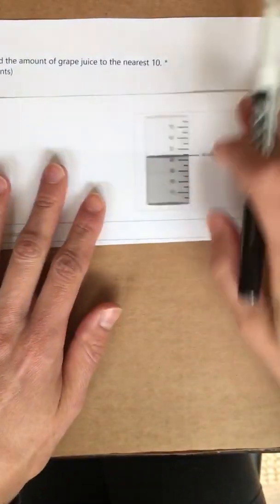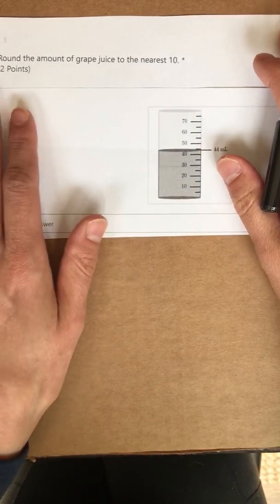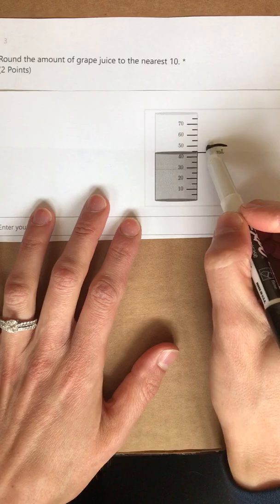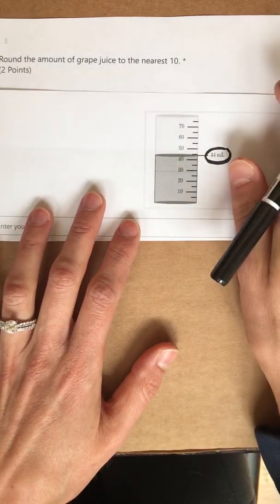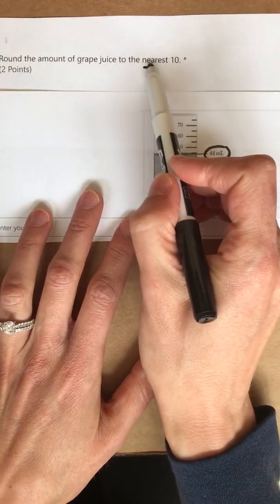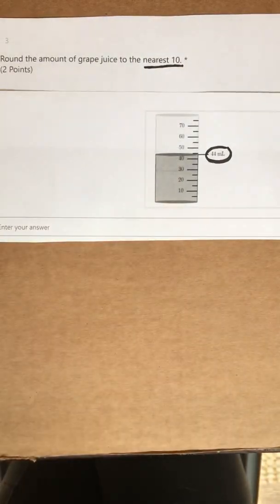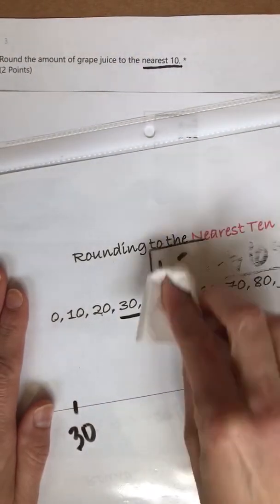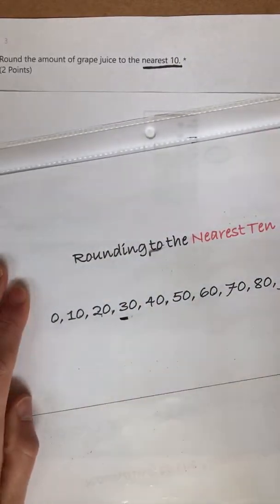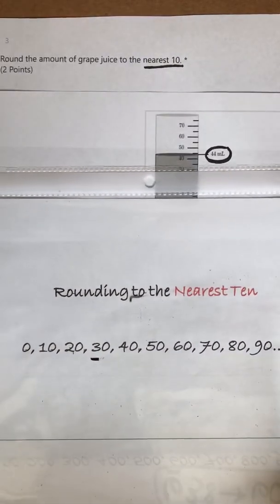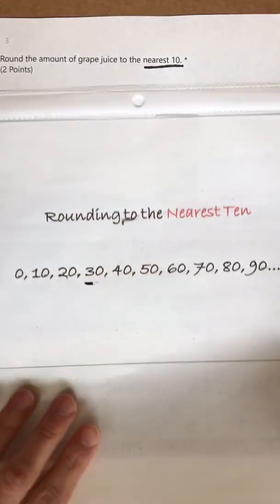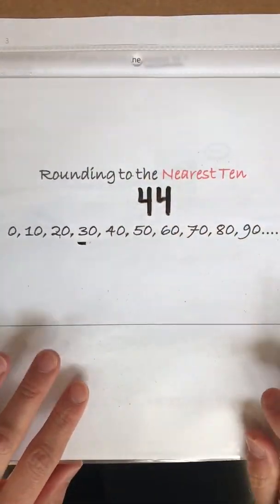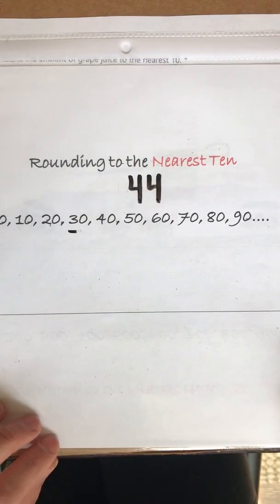Okay, so number 3 says, round the amount of grape juice to the nearest 10. So you can see right here that there's 44 milliliters of grape juice, and we want to round it to the nearest 10. So I'm going to take my number line and I'm going to decide 44 is between what two groups of 10?